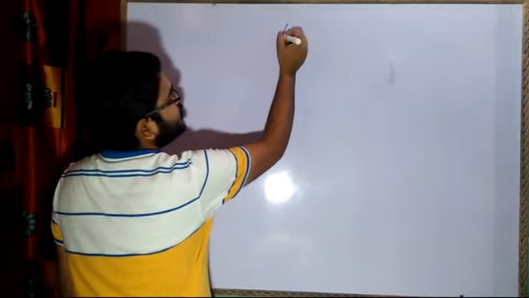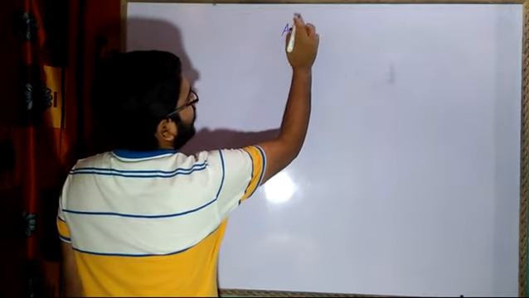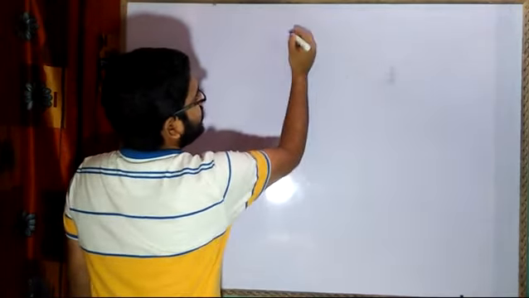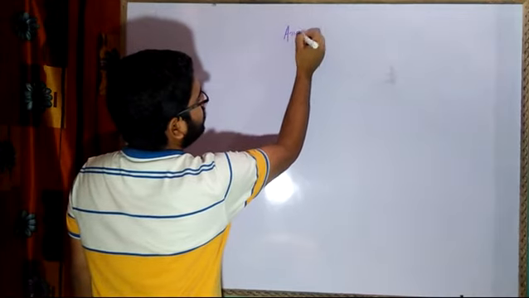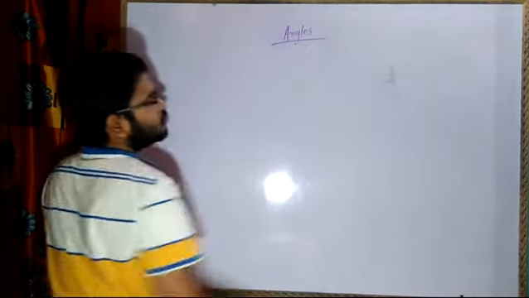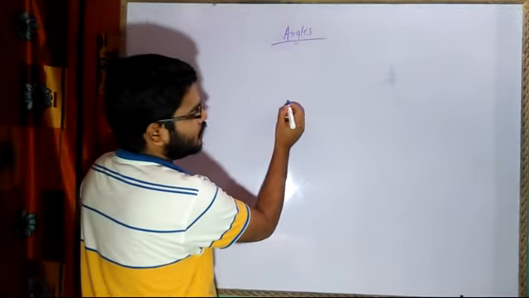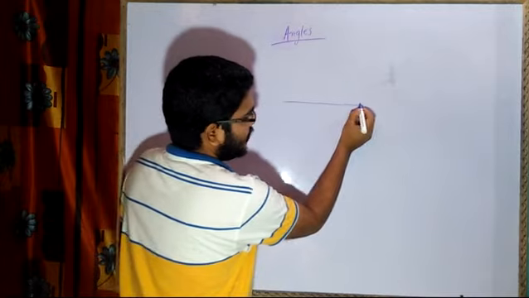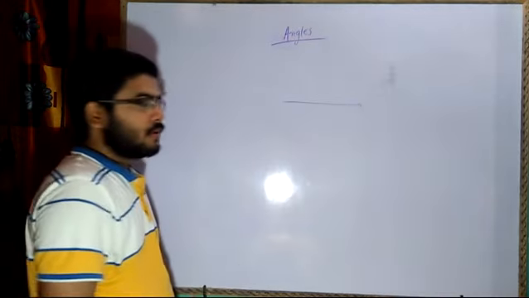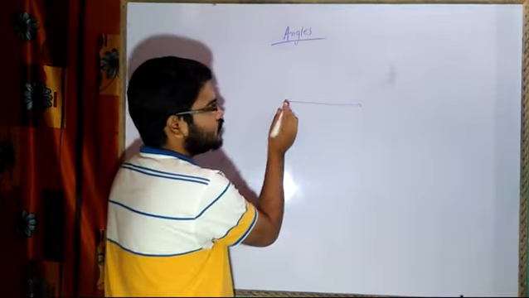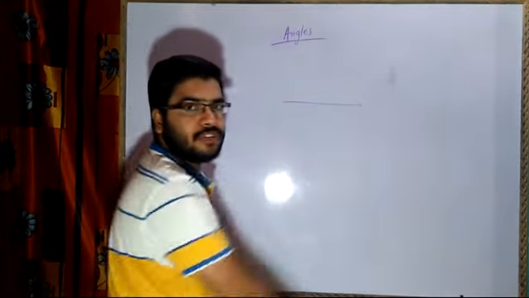Now, here we are going to see another chapter, that is angles. In this, the definition of an angle comes like this: a ray has a fixed point and goes up to infinity.